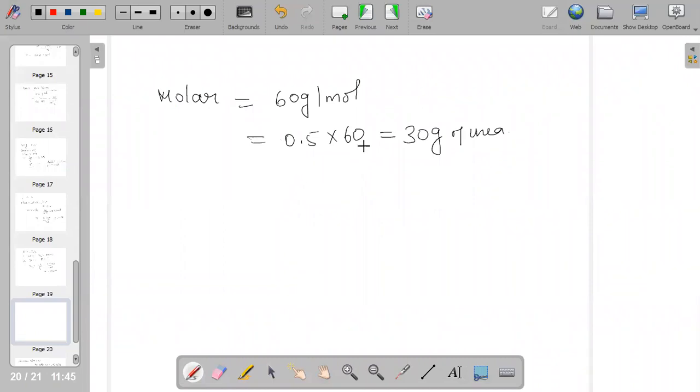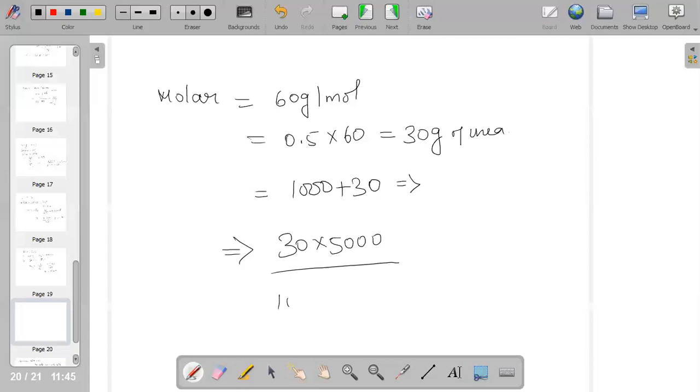So 30 gram of urea means the total solution weight is going to be 1000 grams plus 30 gram. And what they have given is 5 kg, that means 5000 grams. So to calculate the required mass, we can say it is 30 into 5000 divided by 1000 plus 30.